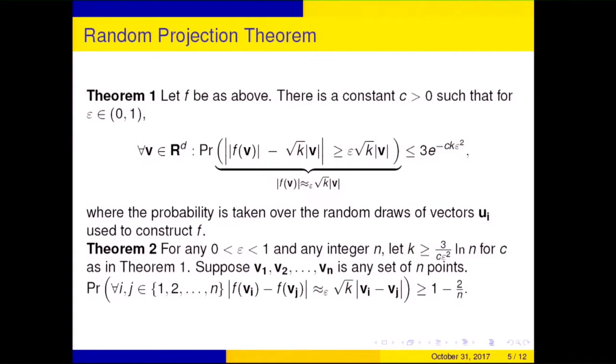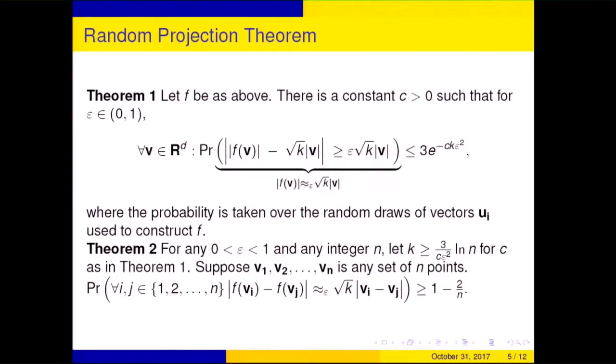Sorry, this means the opposite of that. This means that it's within relative error, but this is saying it's not, so that's an error, right? Where the probability is taken over random draws of the vector u used to construct f. In other words, v is not involved in the probability, right?